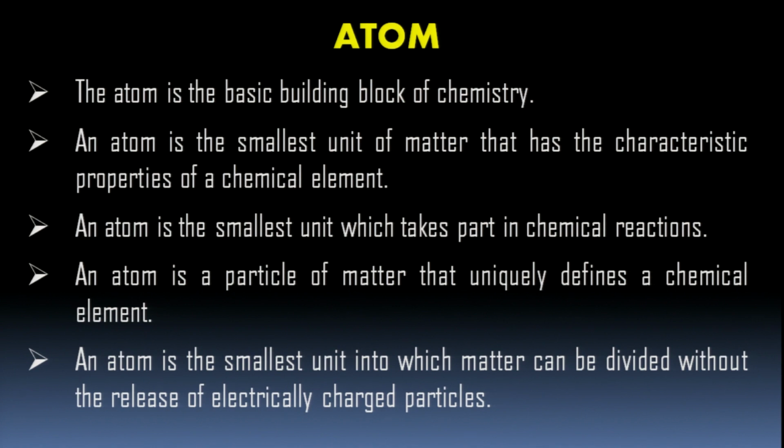Their characteristics, their physical properties, their chemical properties, their behavior, everything is governed by the unit particle, that is the atom. An atom is the smallest unit into which matter can be divided without the release of electrically charged particles. We are saying electrically charged particles, meaning we are talking about the subatomic particles.